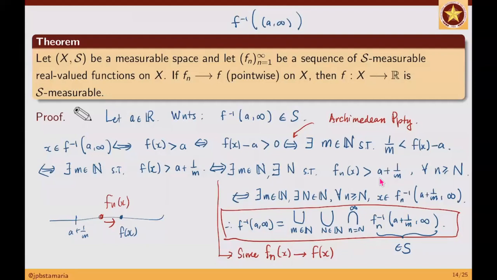So, a countable combination of elements of S will still be in S. Nasa S yan. Kahit na ano yung A. So, what does that show? It shows that F is S measurable. So, ang pointwise limit ng mga sequence of measurable functions remains measurable.